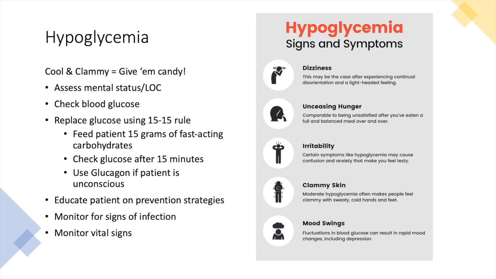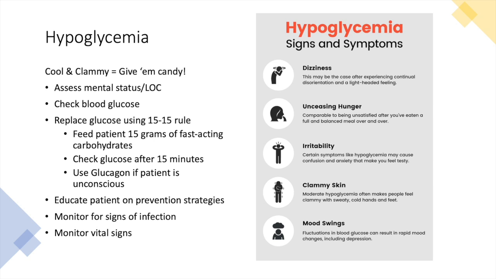The biggest thing, though, with hypoglycemia is preventing it. So patients need to know the signs and symptoms. They need to know how to monitor their diet, monitor their insulin intake, monitor their blood glucose levels, so that they know how to avoid any instance where they have abnormal glucose, whether it's hyperglycemia or hypoglycemia.